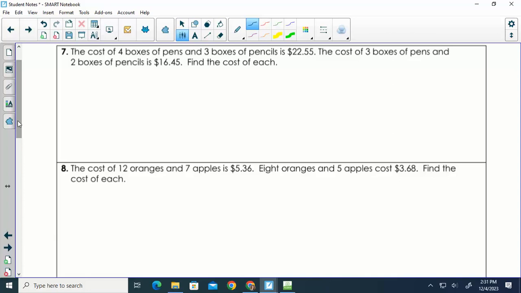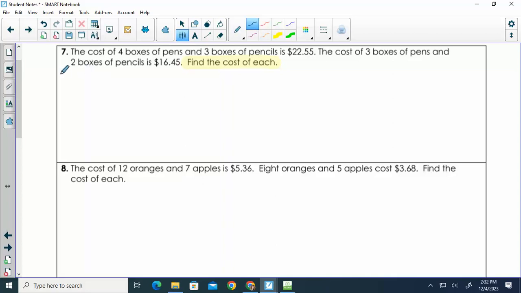This one says the cost of 4 boxes of pens and 3 boxes of pencils is $22.55. The cost of 3 boxes of pens and 2 boxes of pencils is $16.45. Find the cost of each. So this question can really help me. What are my 2 things I'm looking for?